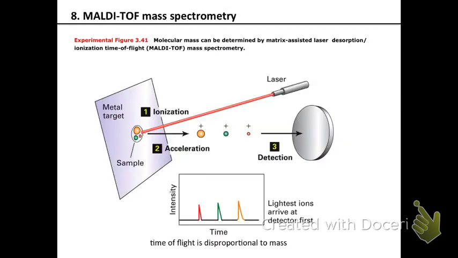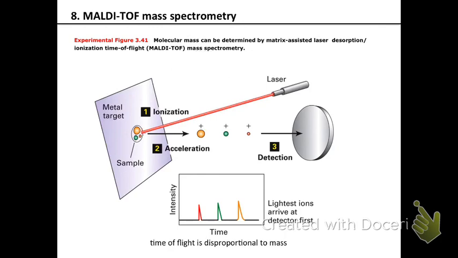So here's one example of there are different types of mass spectrometers. Okay, so this is one type. It's called matrix assisted laser desorption ionization time of flight. You don't have to remember this, but time-of-flight mass spectrometry.